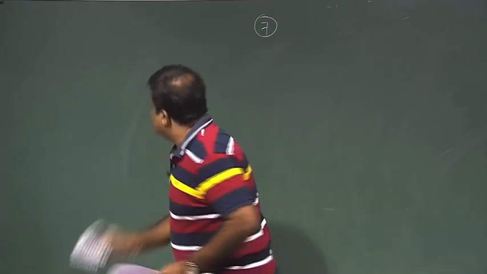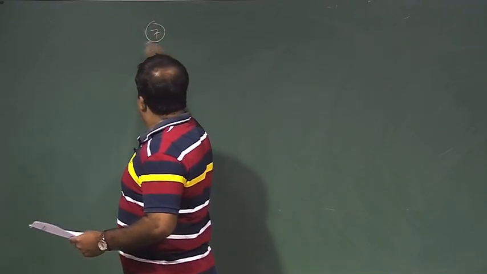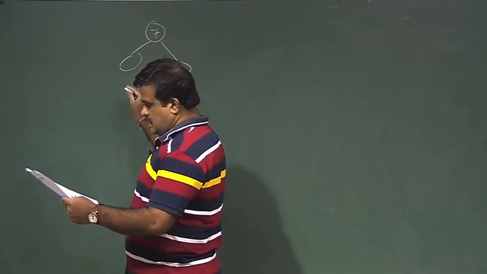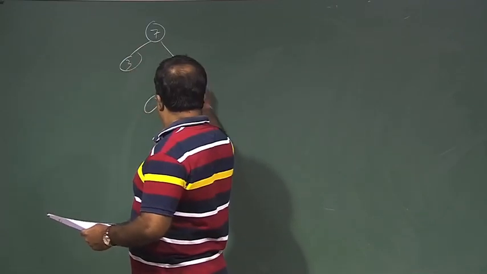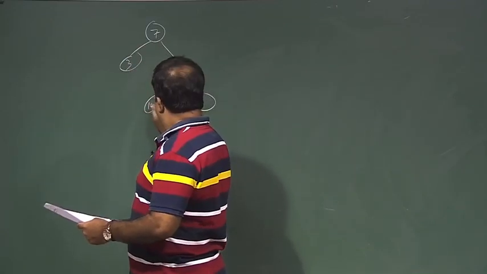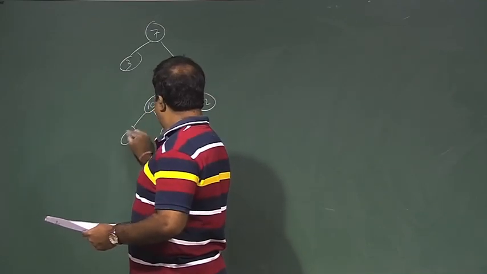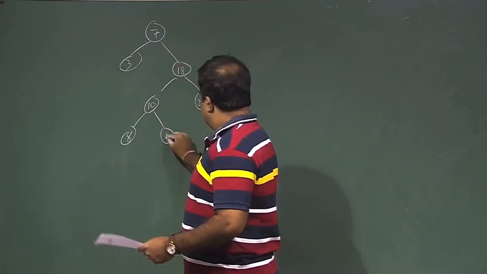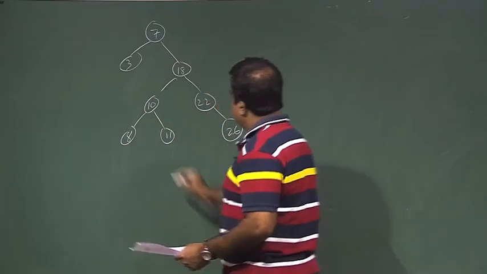So, let us draw it this side. So, 7, 3, 18, 10, 22, 8, 11, we have 26, and then we have the nils.